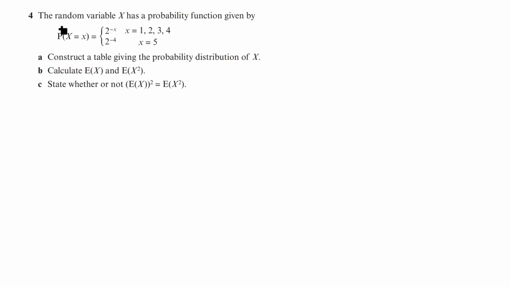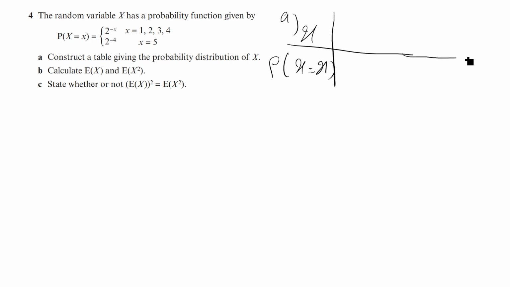Okay, let's do question 4 now. The random variable x has a probability function given by this. A, construct a table giving the probability distribution of x. Again, we need to construct a table, and at first we need to write the values of x and their probabilities. So 1, 2, 3, 4, and 5.